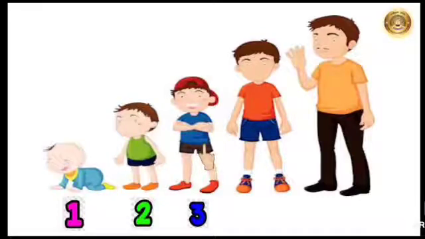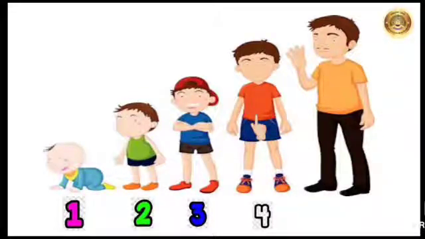And this blue t-shirt boy, we will give him the third number because he is bigger than this green t-shirt boy. Like this, we will give the fourth number to the eldest boy.